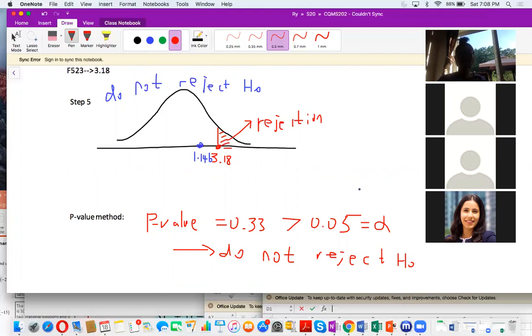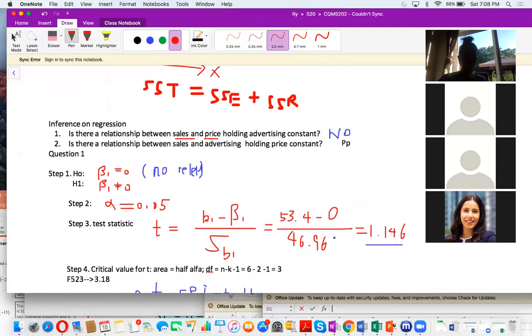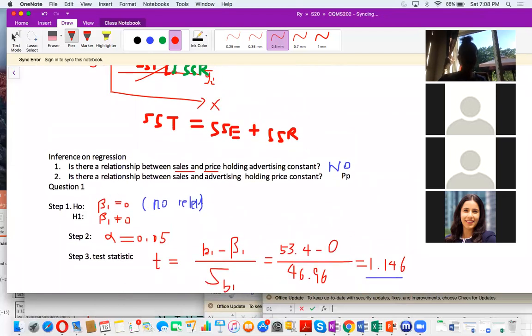Any questions? So we answered the first question. The second question is exactly the same, except I'm going to use a different color. When you answer the second question, H0 becomes beta 2 equal to 0, and H1 is beta 2 not equal to 0, because the second question is about sales and advertising.